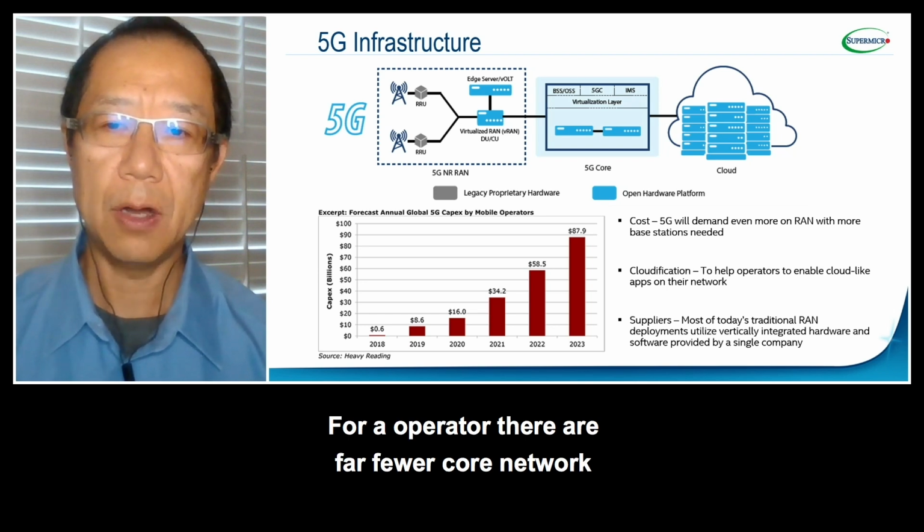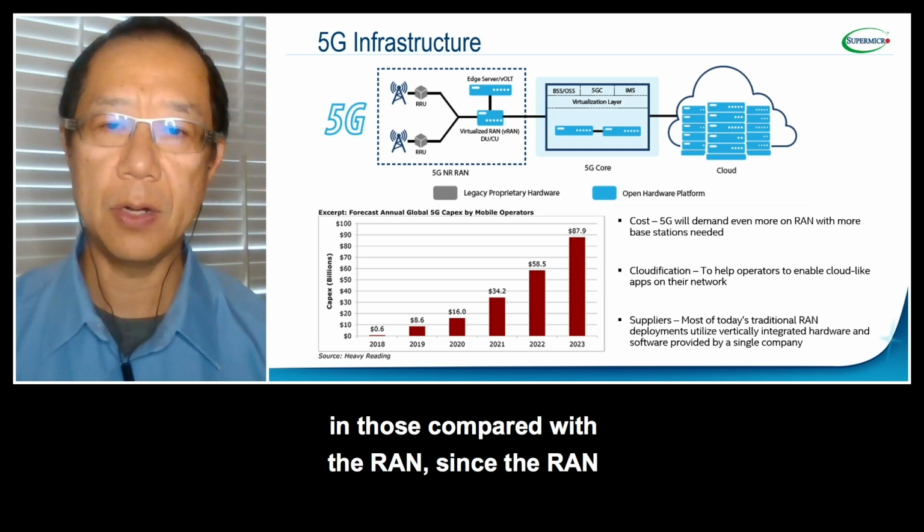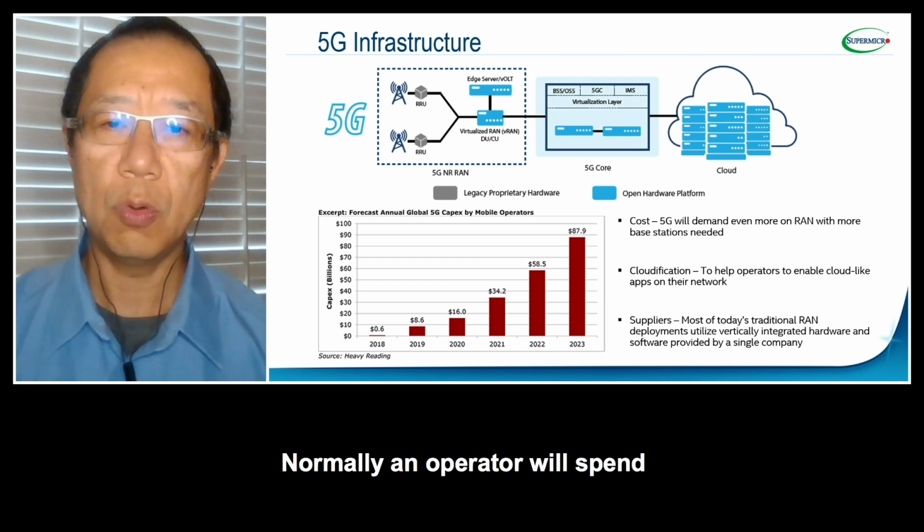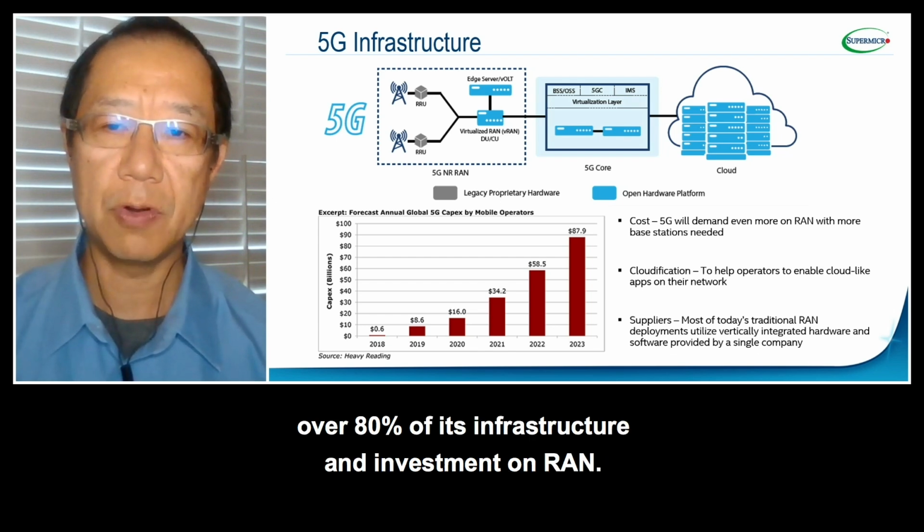For an operator, there are far fewer core network nodes compared with RAN, since RAN will need to have equipment to cover each cell. Normally, an operator will spend over 80% of its infrastructure investment on RAN.